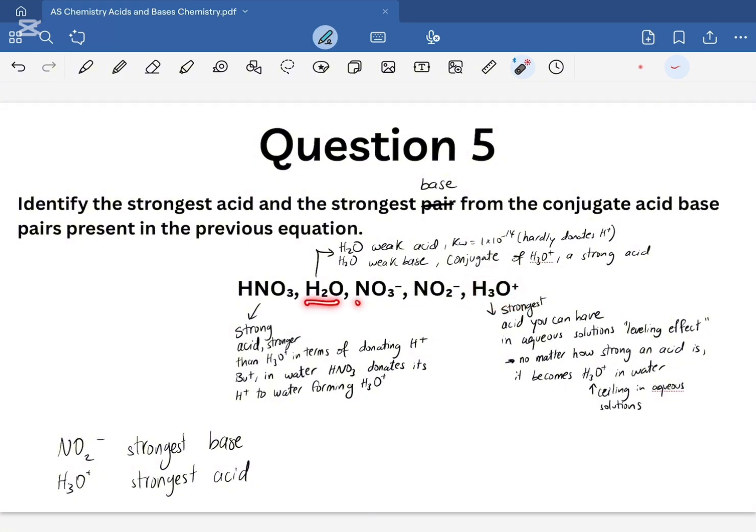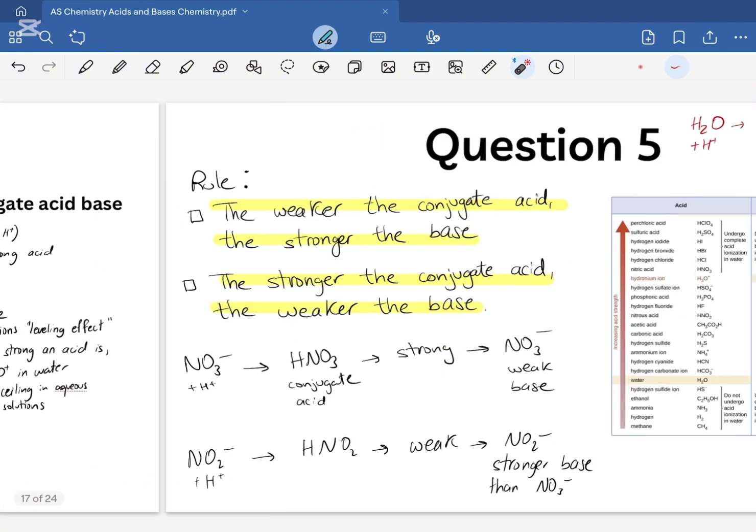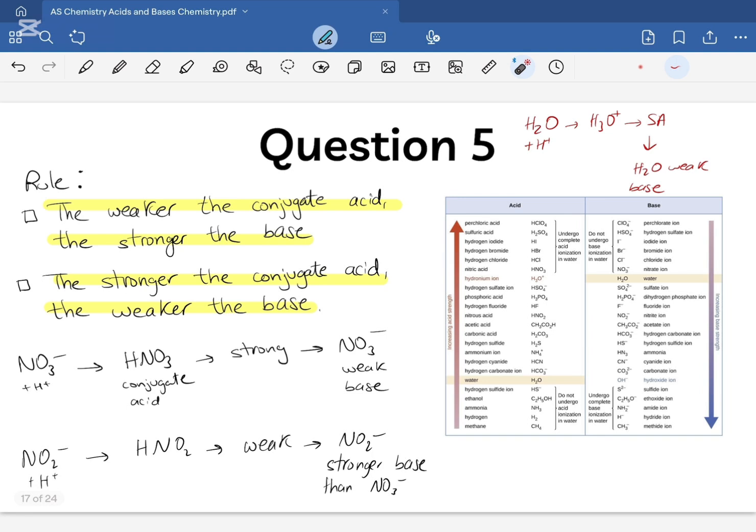Now for H2O, NO3 minus, and NO2 minus. H2O is a weak acid and it is a weak base. The NO3 minus and NO2 minus are the conjugate bases of the acids. This is the conjugate base of HNO3 and this is the conjugate base of HNO2. So let's go over NO3 minus and NO2 minus.